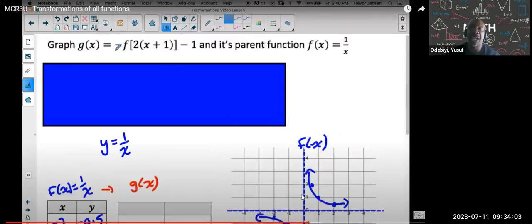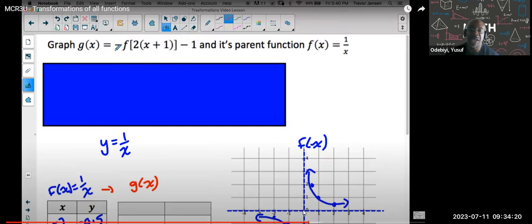So basically what we're saying is when you have the shifts, this is gonna be x is -1, and then this is where the y shifts by -1. So what you're doing basically is moving the asymptotes, right?